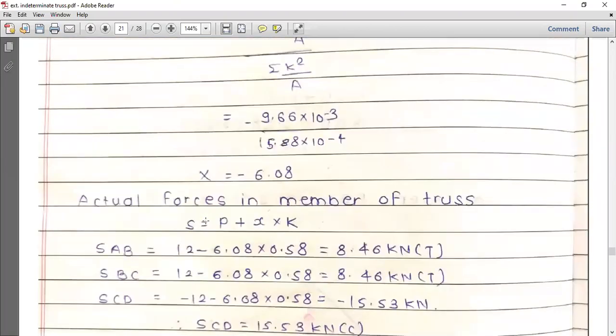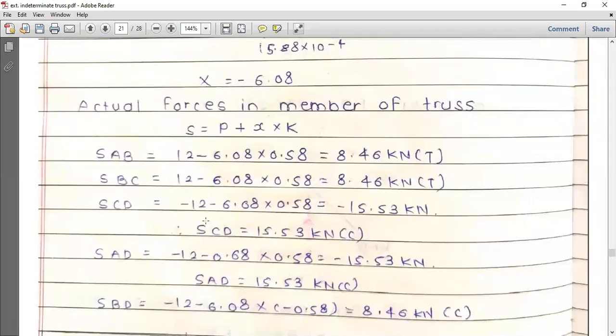So just put the values which we got in the table in this formula, that is F equals P plus XK. P is the P force analysis, X is the force coefficient and K is the K force analysis. Now again, what is the sign convention?